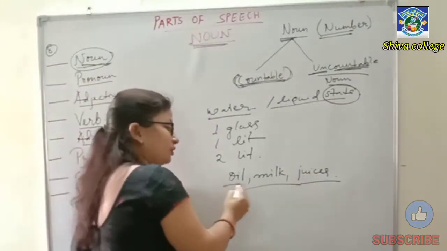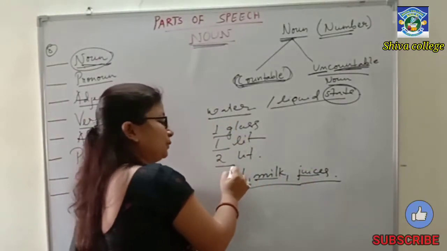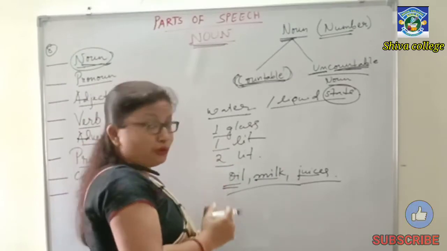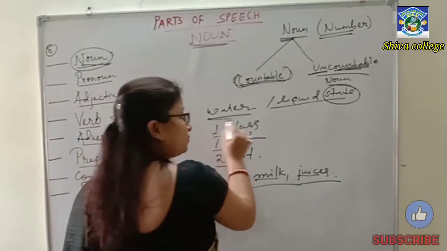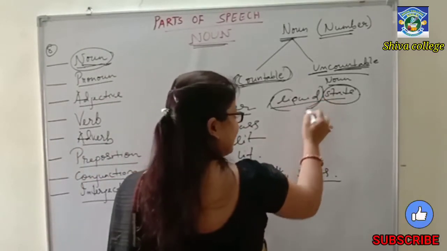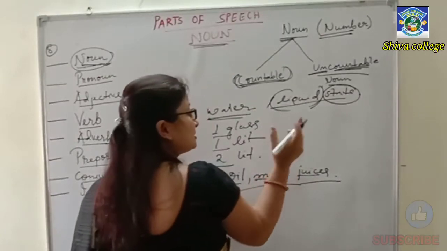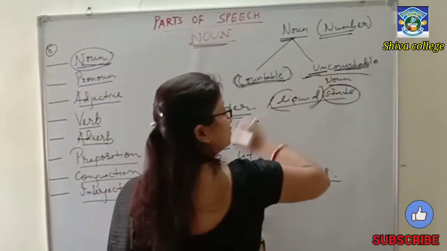Whenever you ask for all these things, you will say 1 glass, 1 liter, 2 liter, 1 gallon, 5 kgs, or in this way you will ask, but not 1 molecule of water or 1 unit of water. So this water which is in liquid state or any other liquid state things, you will always ask as a whole. So these things come under uncountable noun.